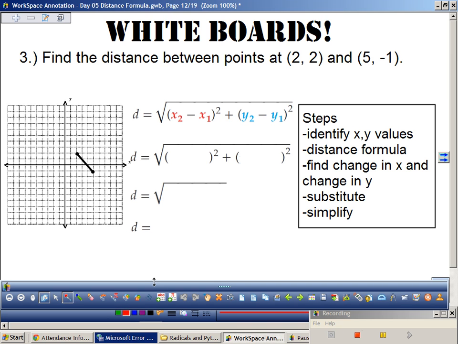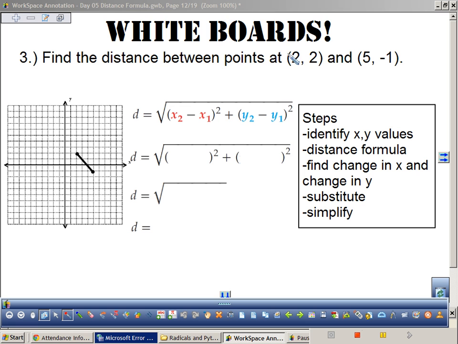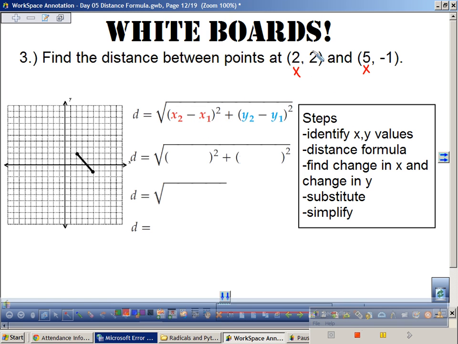I'm not going to. Alright, so here's my x's. 2 and 5. What's the difference between 2 and 5? Isn't that the difference between the two numbers? Well, let's find the difference. What's the difference between 2 and 5? 3 squared. You know what, let's do this. I'm going to put the change in x in here. That way nobody gets mad at me, other teachers.